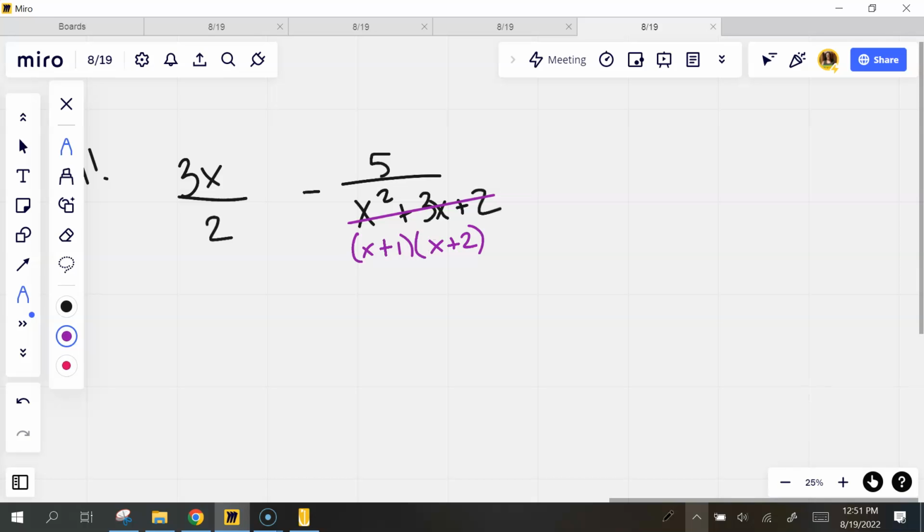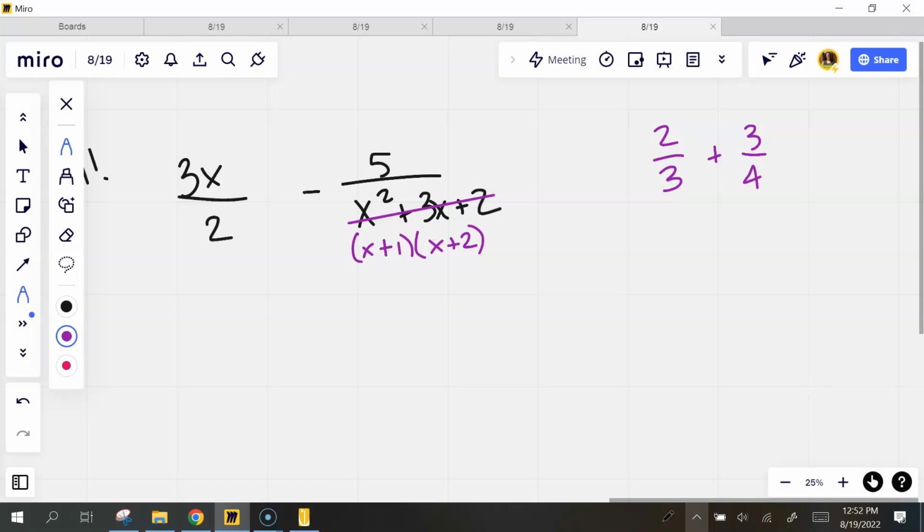When I add or subtract fractions, what has to be the same? The bottom, okay? I need to make the bottoms the same so that I can combine the tops. If you get confused, think about a basic example like 2/3 plus 3/4, right? I can't combine them like that until they have the same denominator. I'm going to have to do the same thing here. I'm going to have to force them to have the same denominator.